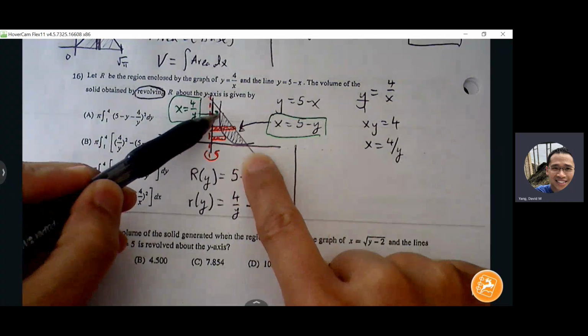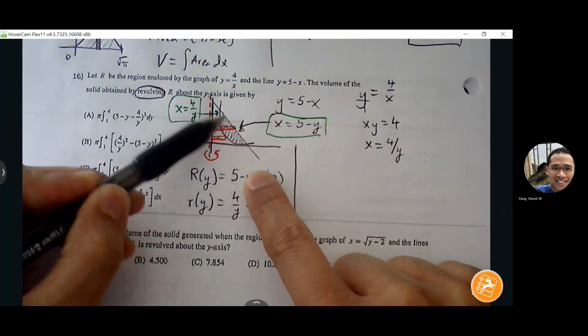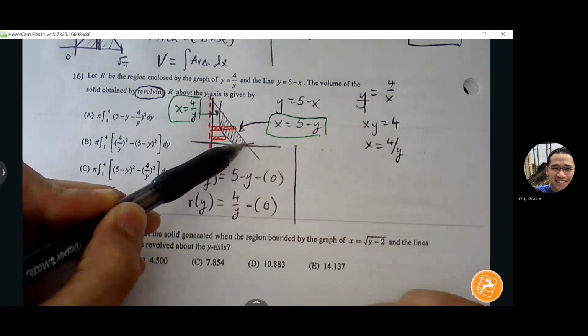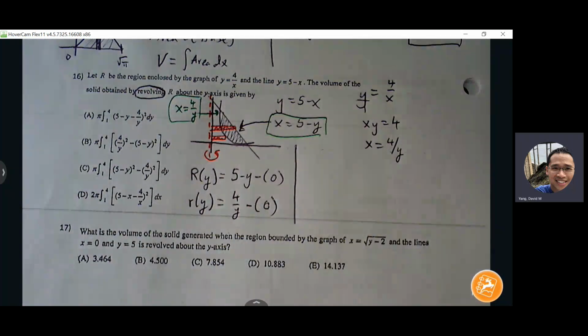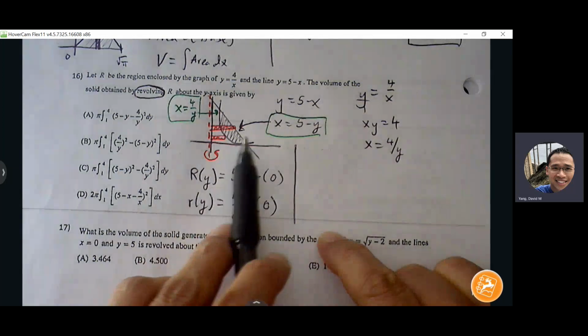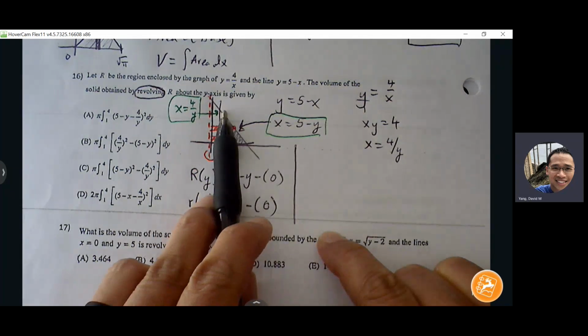And my bounds have to be in terms of what? X or y? In terms of y. So we have to use the calculator, find those intersections, find those y values. It ends up being a y value of 1 and a y value of 4.